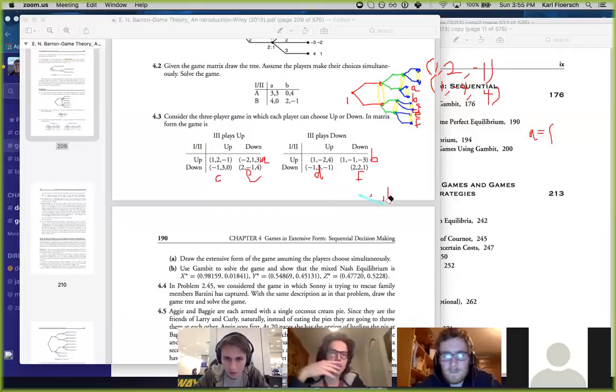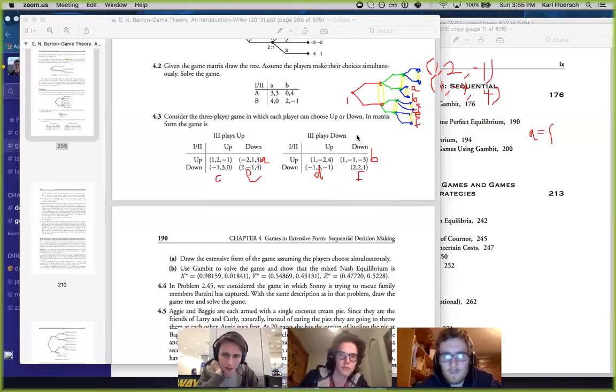And so actually for this, how would we find the Nash equilibrium using that tactic? Does it even work when it's all simultaneous? Yeah, because we still have a matrix.